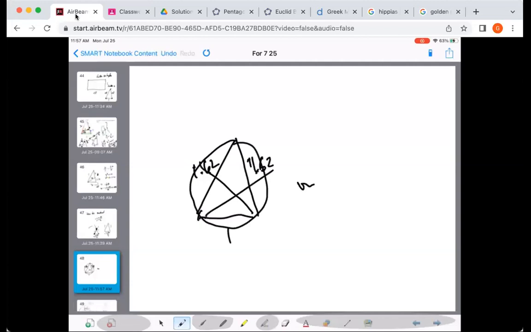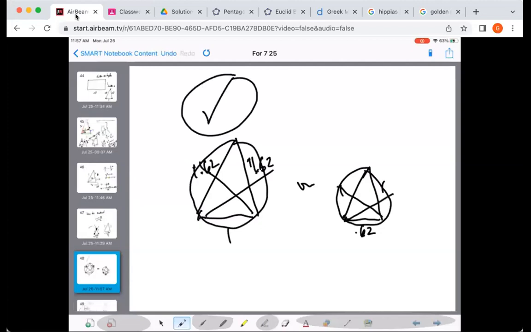Or I can make it smaller and put the ones here. Still makes a pentagon, but I did want to make sure that the ones that I have in my videos match with it. It turns out it's this one we're going to do.